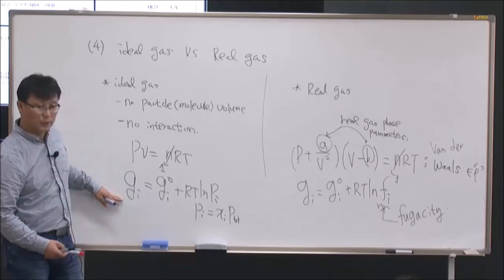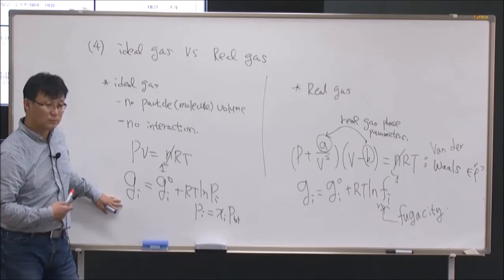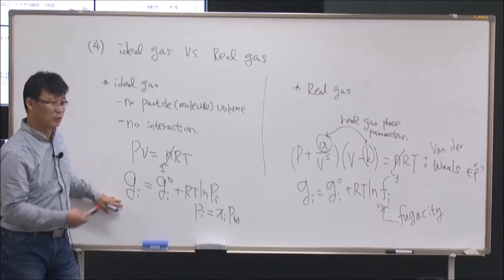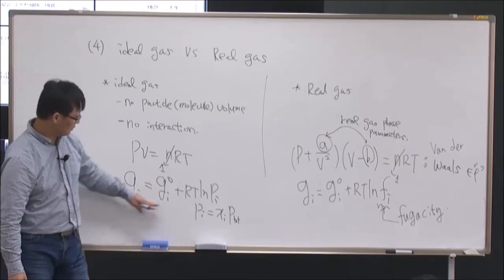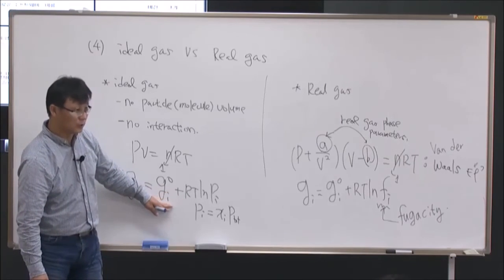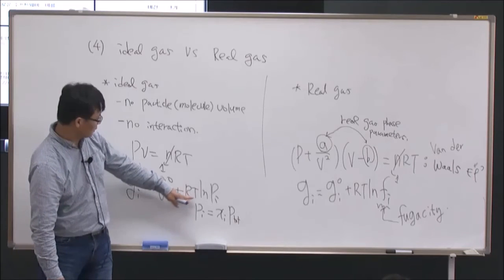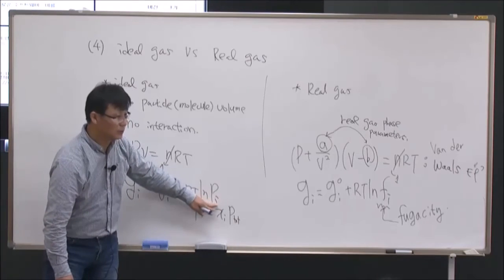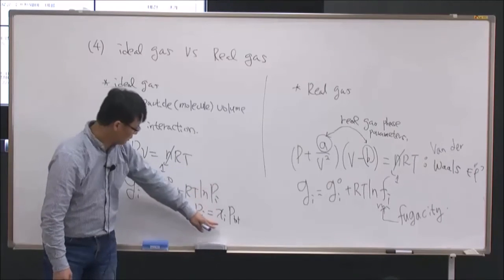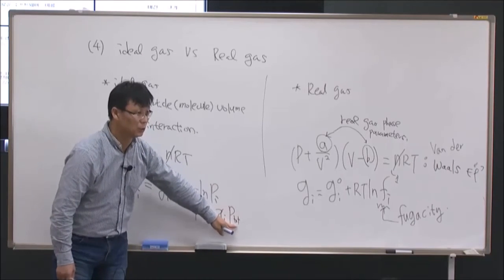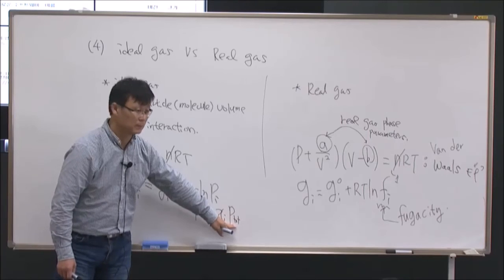So in case of the ideal gas law, and most of the time, when using the gas phase Gibbs energy, the partial Gibbs energy of the gas phase is the standard Gibbs energy plus RT ln Pi, the partial pressure. And partial pressure is simply mole fraction times P total of the system. Okay?